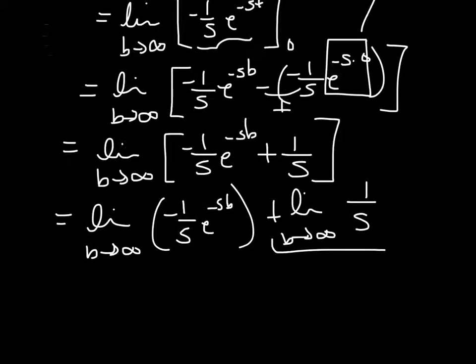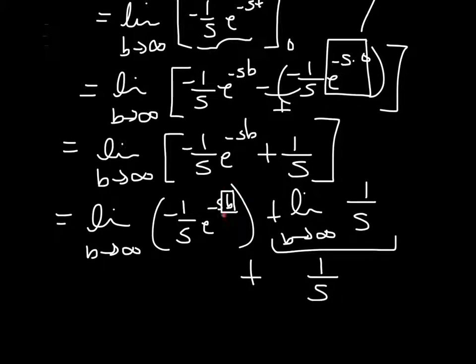We know s is a constant, so the limit of this constant is just 1 over s. And as b gets very, very large, here's our b, and this is an exponential function, so we're focusing on the b here, not the s. The s is some arbitrary constant.